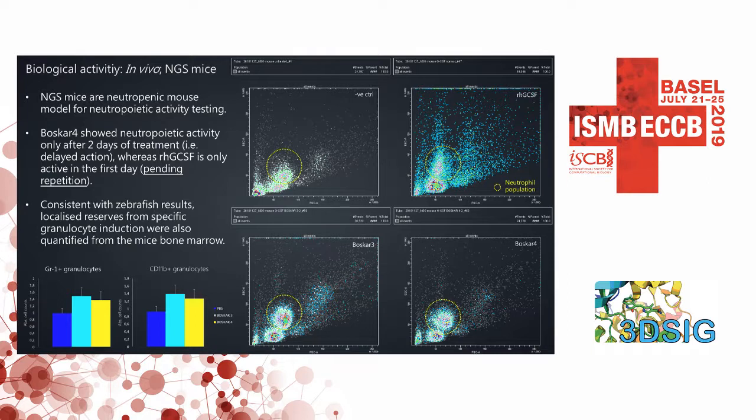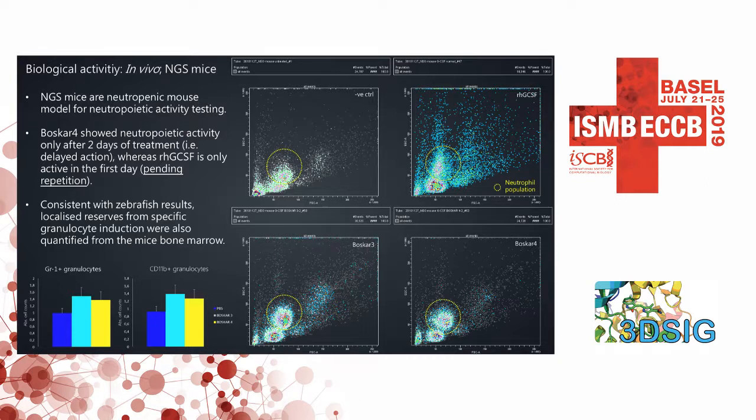Also, lastly, this is the last slide, we did some preliminary experiment with mice, but again, the number of animals here is not so big, so I wouldn't assert it yet. But again, we expect the neutrophil population to be around here. This is untreated, wild type after 3 days of treatment.